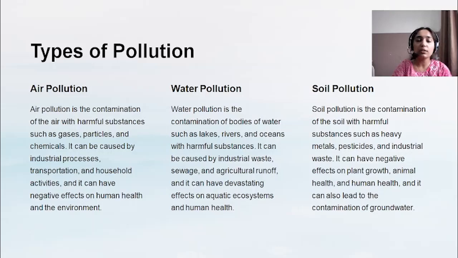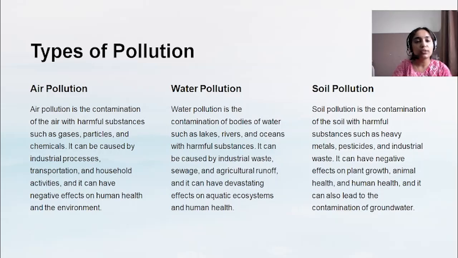How can it be caused? Through industrial processes, transportation and household activities. The major cause of air pollution is transportation. Nowadays, when we look at the lifestyle of many people, if the family consists of 5 members, then they have at least 2 to 3 vehicles in a home.